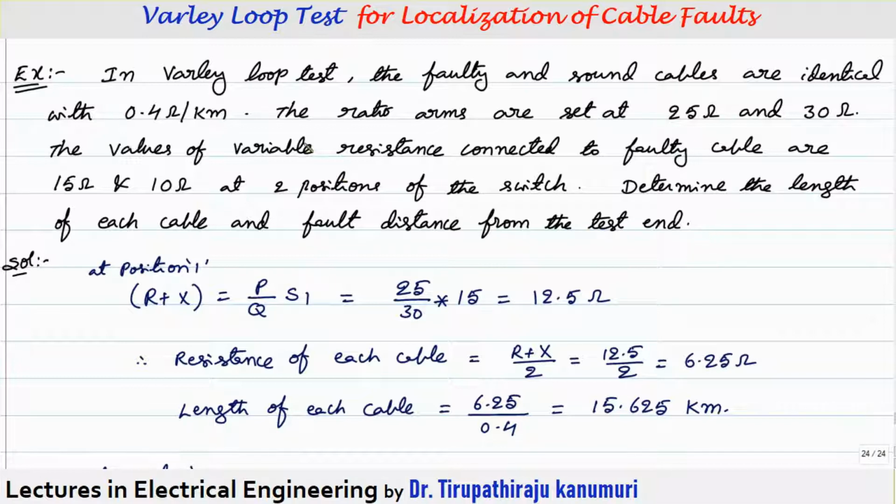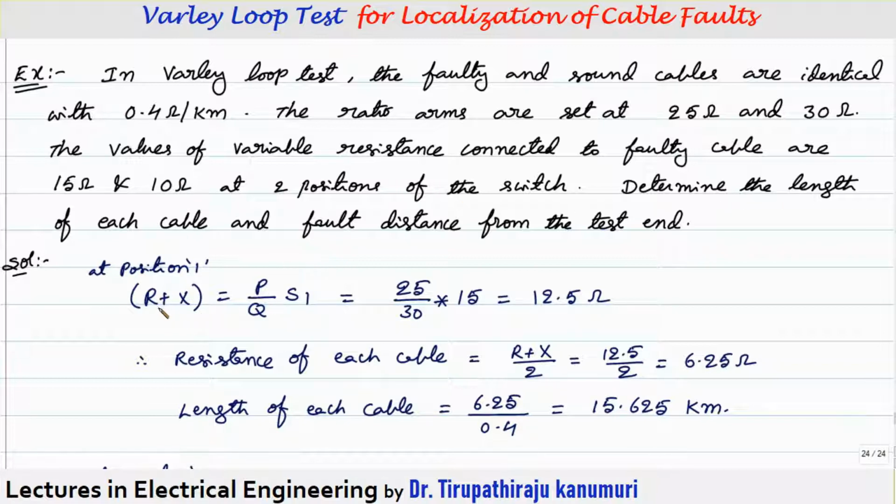Because we know for the case of Varley loop test, both the values of P and Q are fixed. It is mentioned P is equal to 25 ohms, Q is equal to 30 ohms, and resistance per unit length or resistance per kilometer is given as 0.4 ohms per kilometer. Now the variable resistance that is connected, S, it is mentioned there S1 is equal to 15 ohms, S2 is equal to 10 ohms. So it is asked to determine the length of each cable.